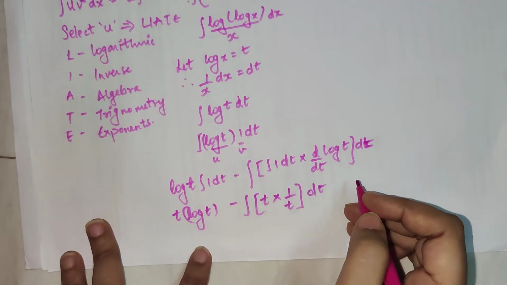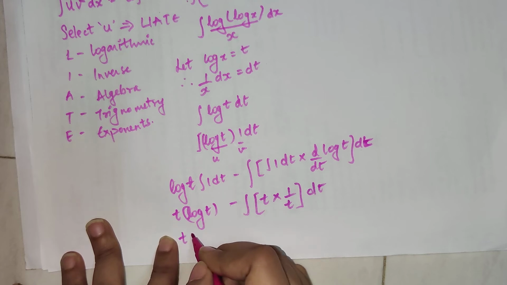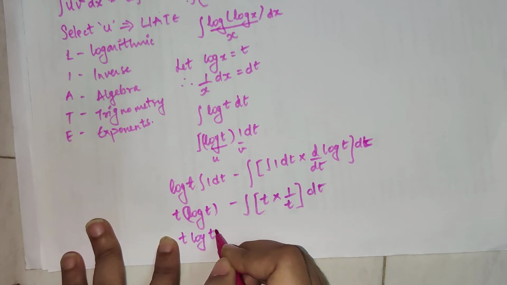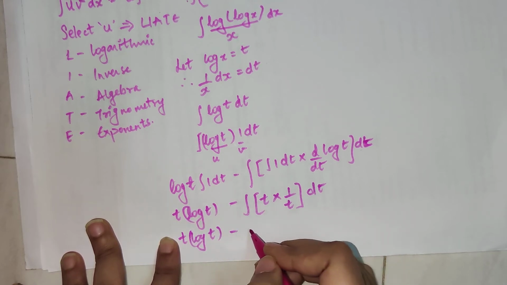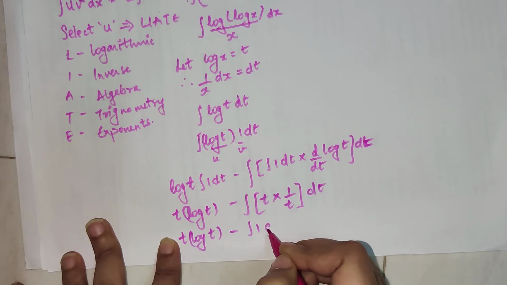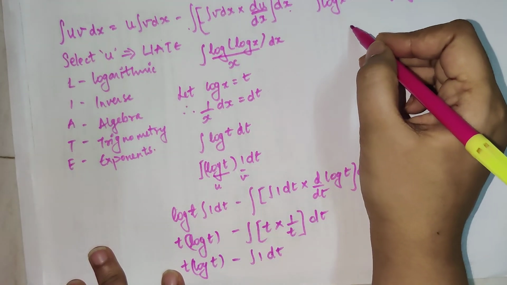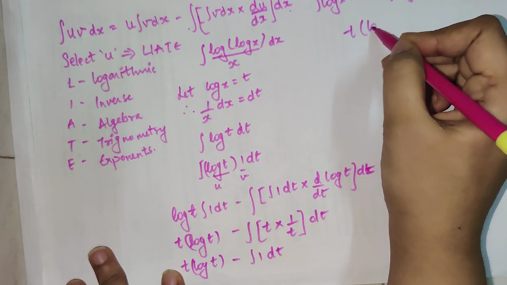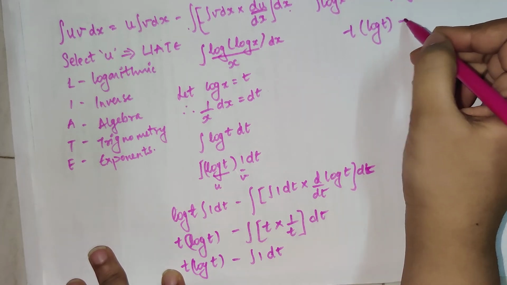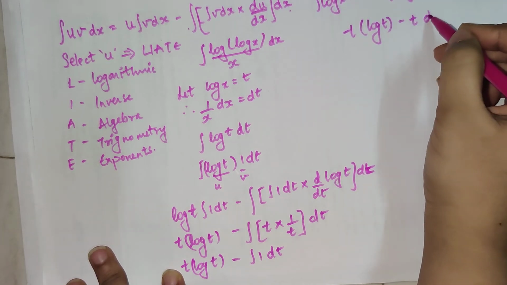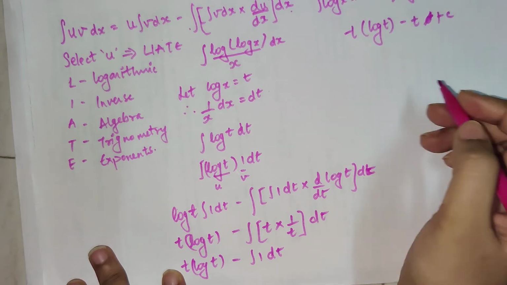That is nothing but t log t minus integral of 1 dt, which is t log t minus t plus c.